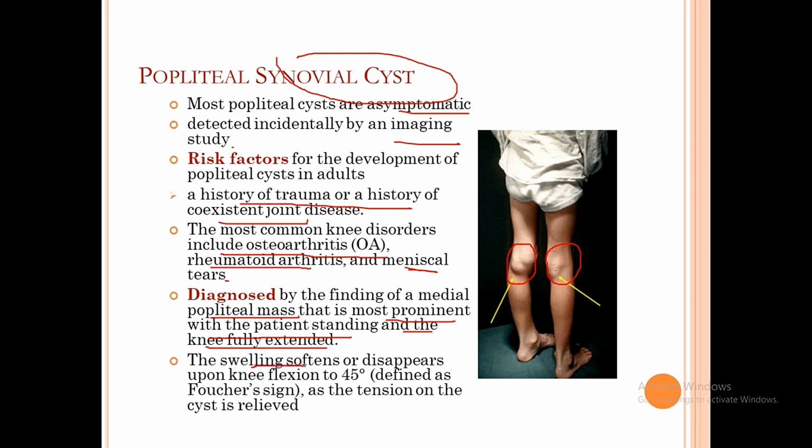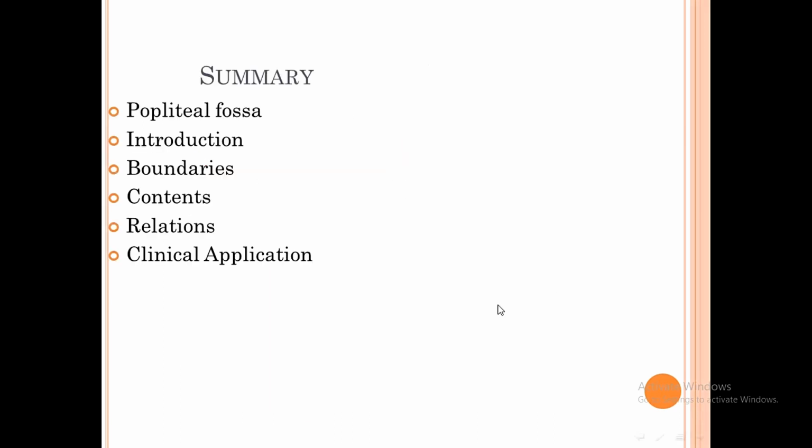As you ask the patient to flex his knee to 45 degrees, the swelling gets soft and disappears. And this disappearance is defined as Foucher's sign. As the tension is relieved, you will find the disappearance of the mass. And once you ask the patient to stand in the fully extended position, you will find a bulge on the medial side.